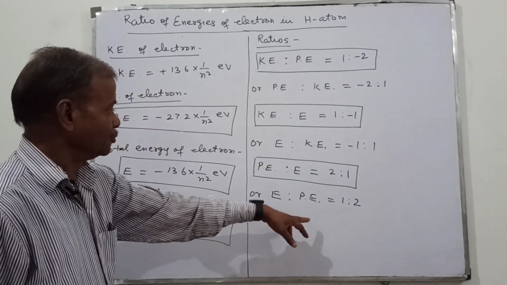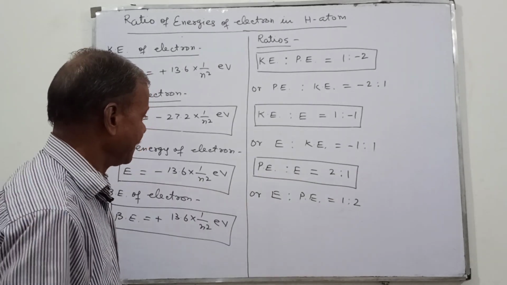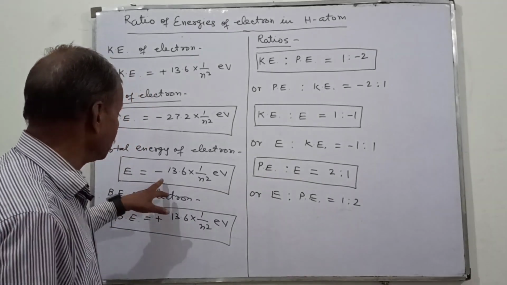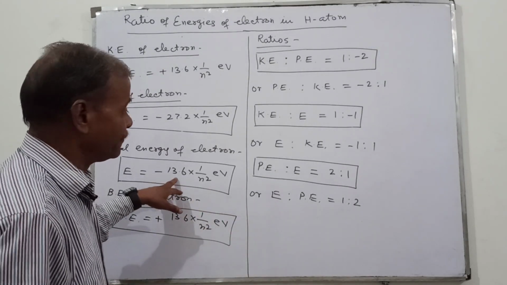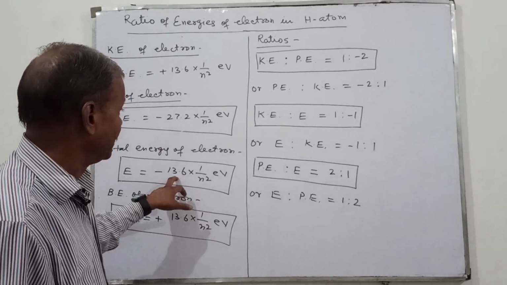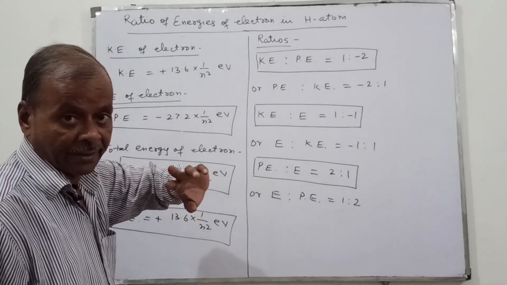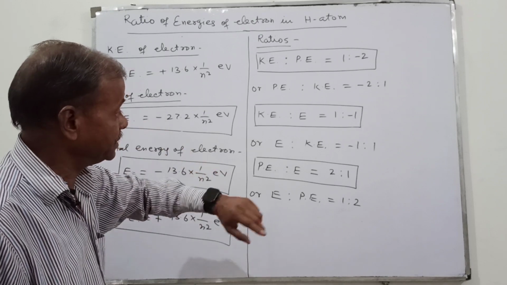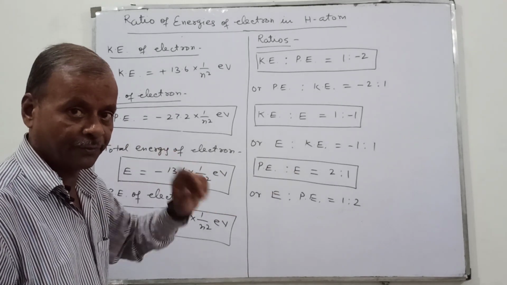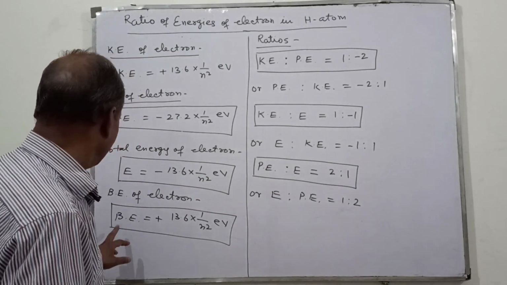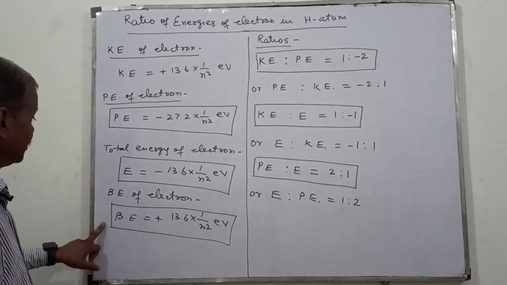So if we change these physical quantities, this will change. The total energy is half of the potential energy, while the kinetic energy and potential energy have the same magnitude ratio, but the total energy is negative and kinetic energy is positive.